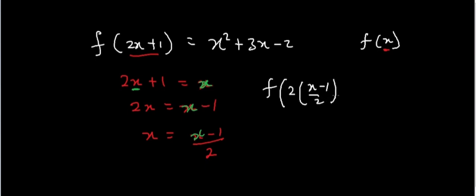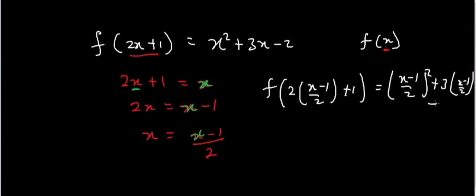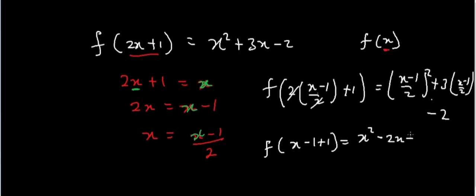which we can now say that my f of 2x plus 1, you know what my x is now, x minus 1 over 2, plus 1, so I'm going to have x minus 1 over 2, all squared, plus 3 times x minus 1 over 2, then minus 2. Here this can cancel this obviously, so I have f of x minus 1 plus 1, so I have x squared, if I do the square of this one, x squared minus 2x plus 1 over 4 plus 3x minus 3 over 2 minus 2.